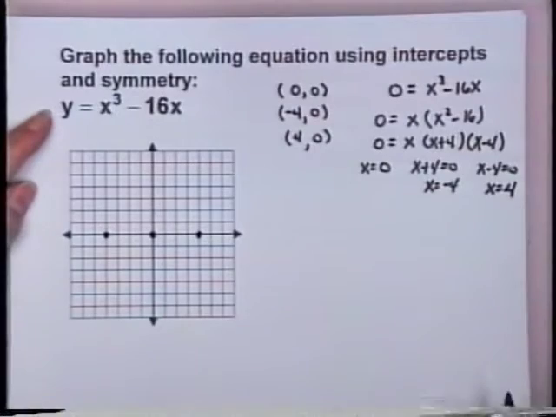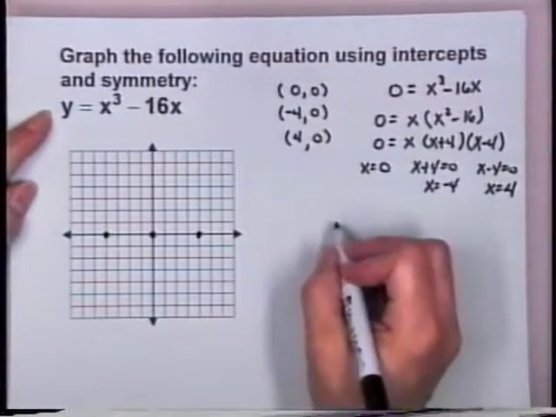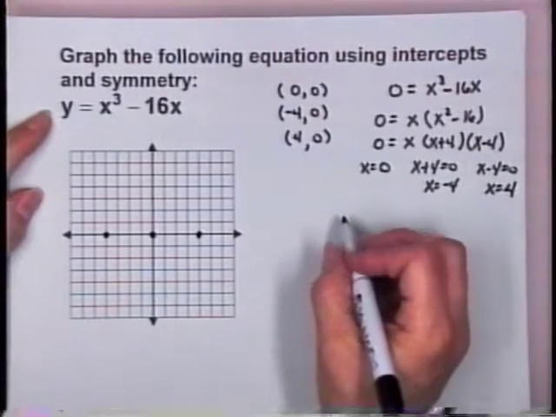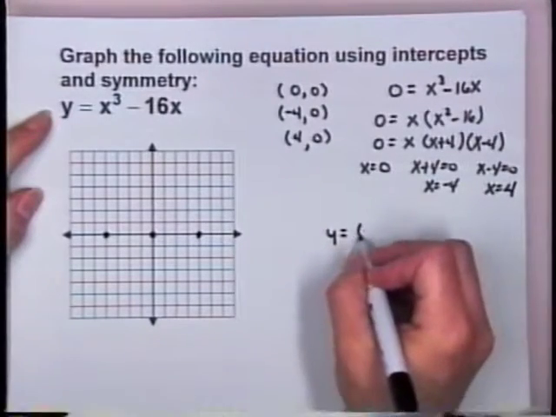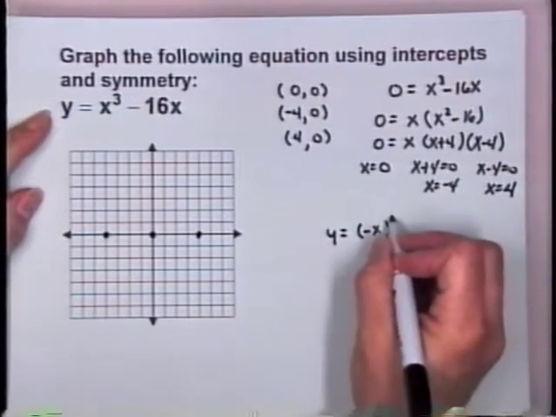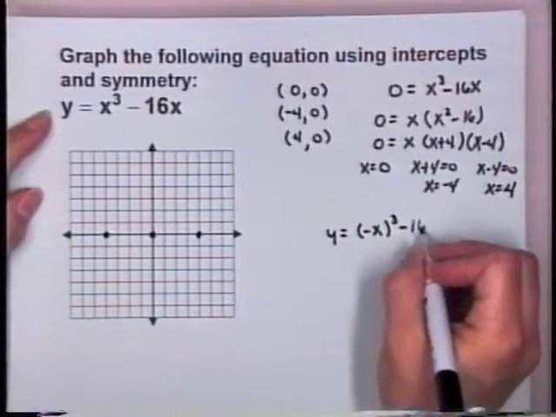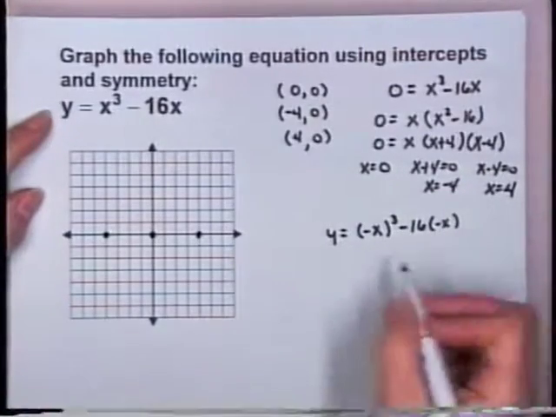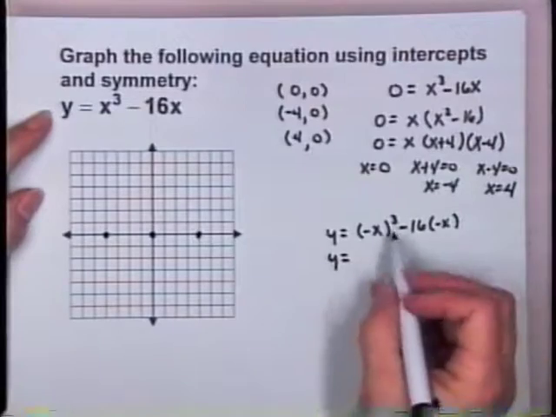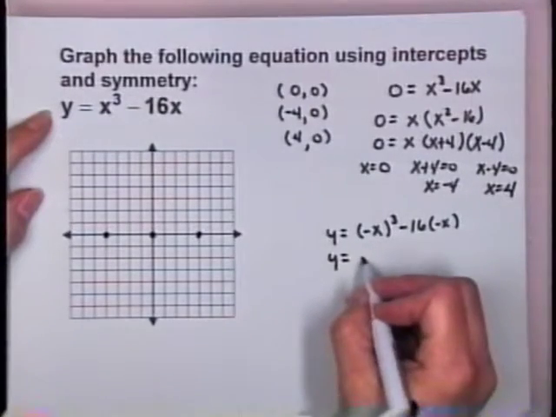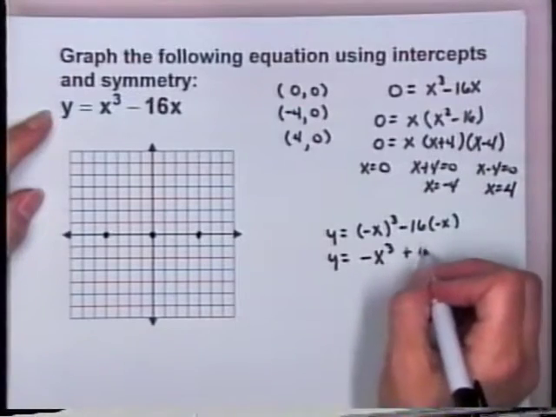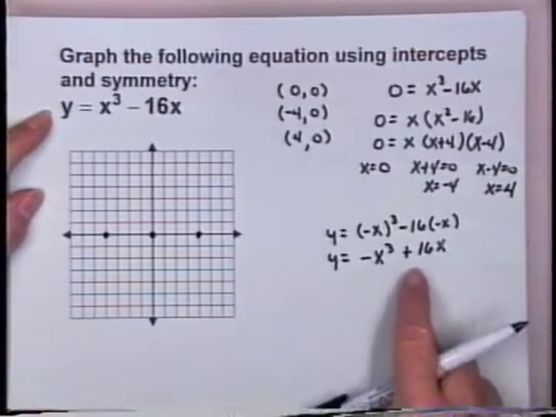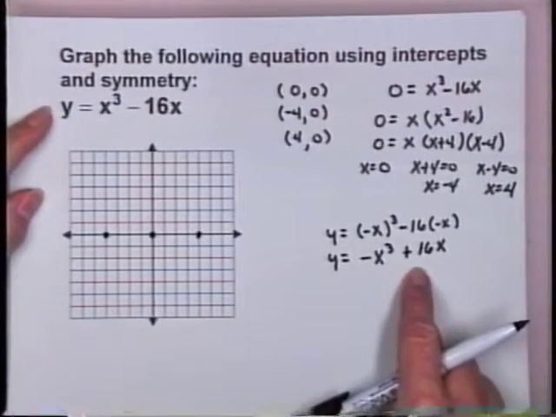Now, let's see about symmetry. If x is changed to negative x, let's do that first. Negative x, I'm going to cube, minus 16 times negative x. Let's see what happens. When I cube a negative, I get a negative, minus x cubed. A minus times a minus is a plus 16x. Does this look like the original?